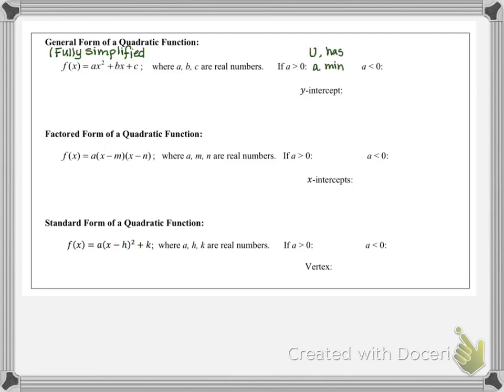So every quadratic has a minimum or a maximum, but it can't have both because it only turns around once. What is 0? Yeah. It's the parabola opening up. And if A is negative, then the parabola opens down, and so our function has a maximum.